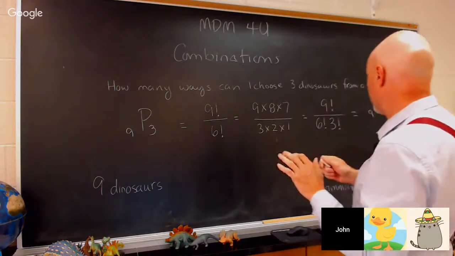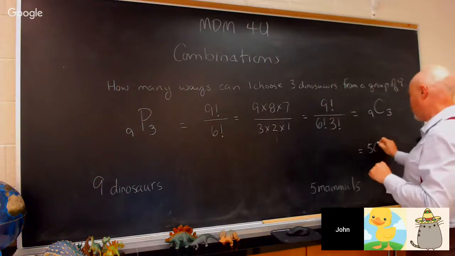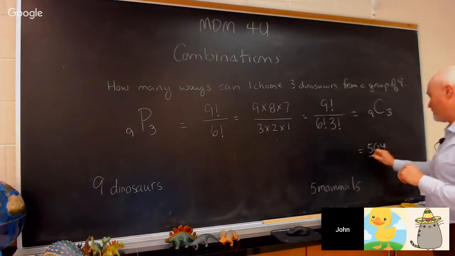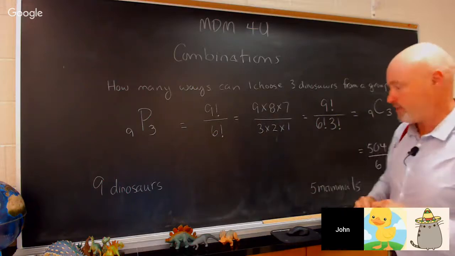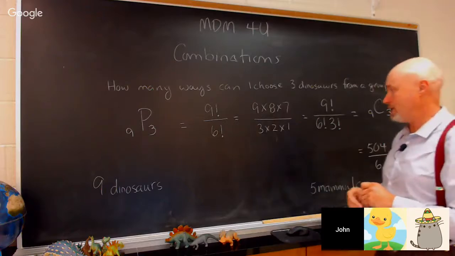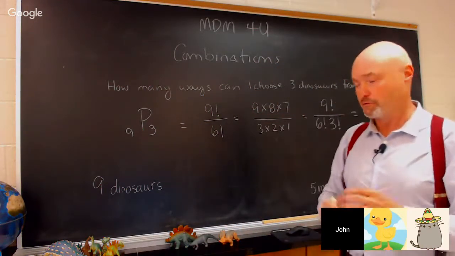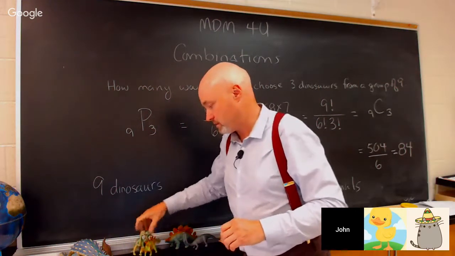This winds up being 504, I think. No, it doesn't. It winds up being 504 divided by 6, which is 84. All right, so imagine that. There are 84 different combinations of 3 dinosaurs when I choose them from a group of 9.